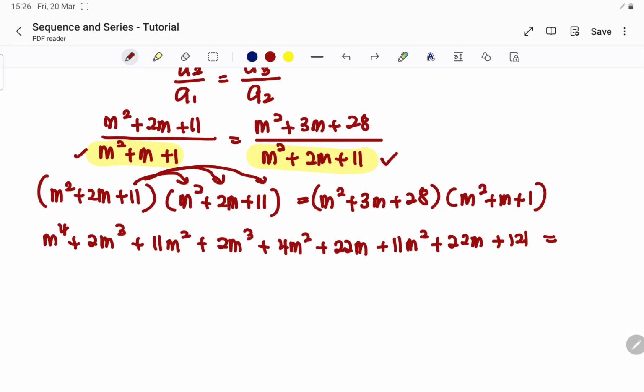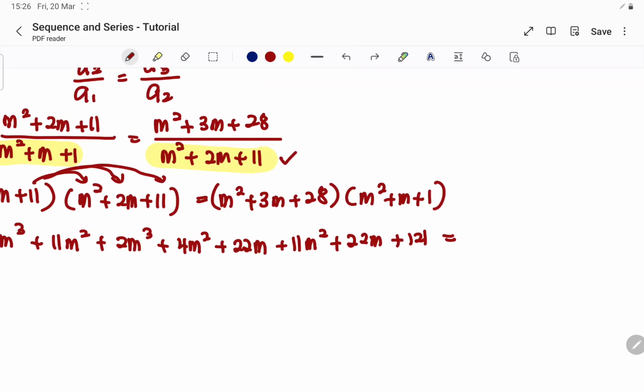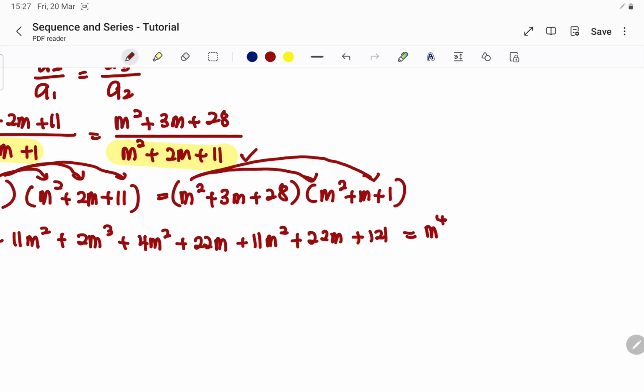Okay, so you do the same thing also at this part, at the right side. Which you have m square multiply with m square, you're gonna get m to the power of 4. M square multiply with m, you're gonna get m cubed. And then m square multiply with 1, you're gonna get m square.